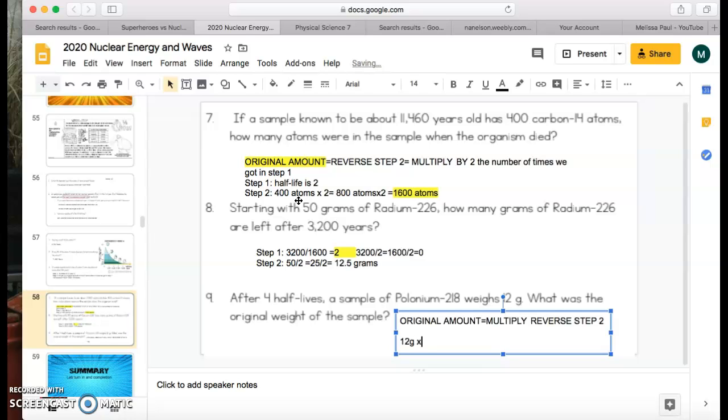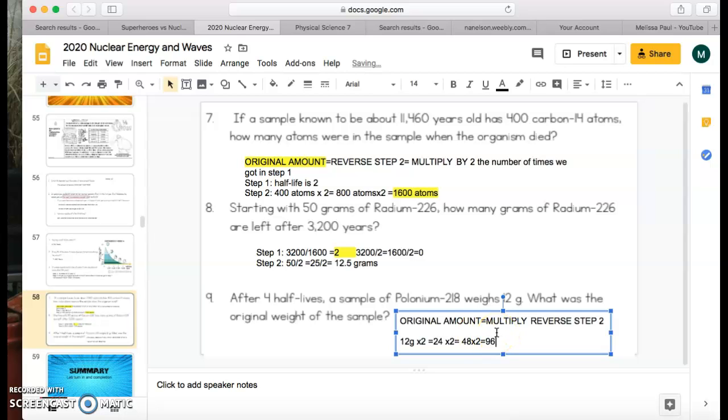So 12 times 2 gives us 24. That's 1 half-life. Times 2, that gives us, 24 times 2 gives us 48. So there's 1 half-life, 2 half-lives. We're going to multiply this by 2 to give us 3 half-lives. So that's going to give us 96.